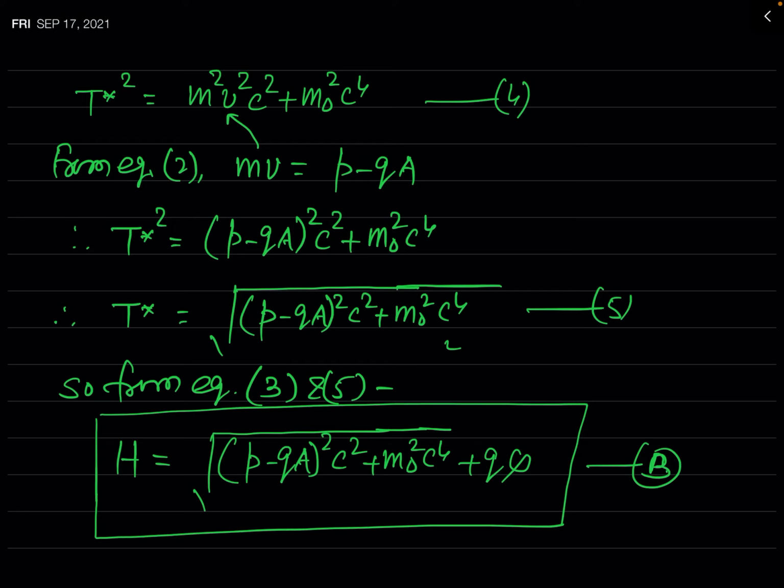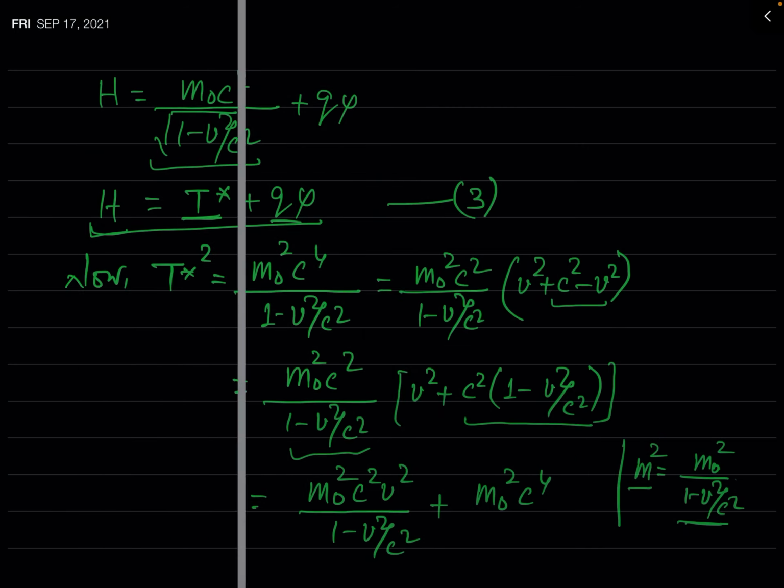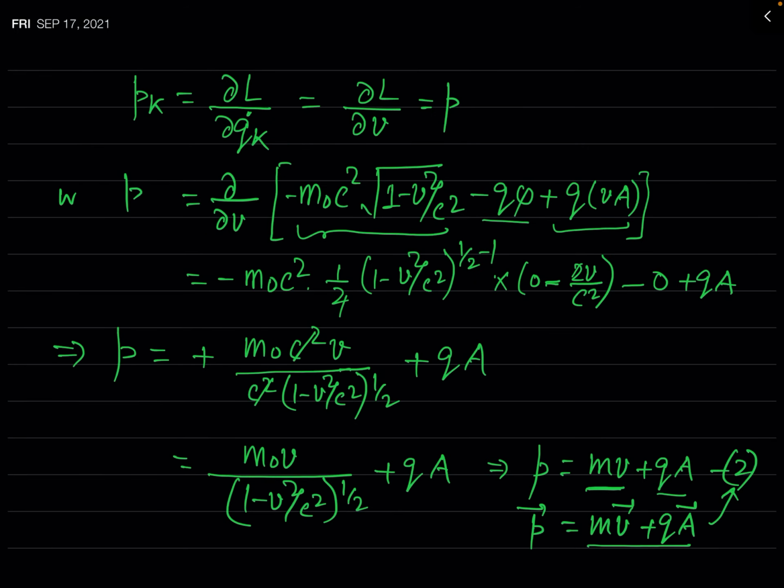You can again see that the relativistic Hamiltonian depends on the magnetic vector potential A and the electromagnetic scalar potential phi, but this expression is different from the expression for H in the case of non-relativistic motion.